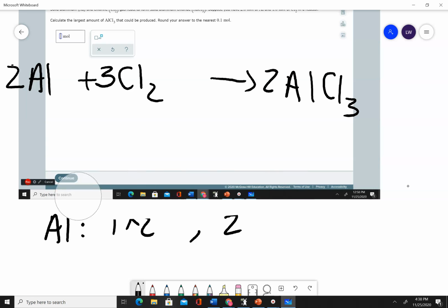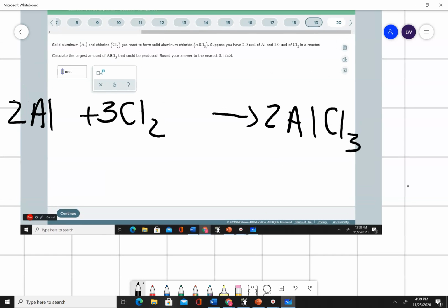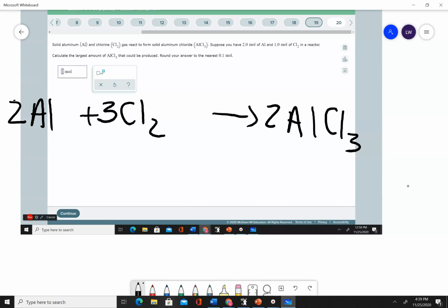Once I'm armed with a balanced equation, then I can go on and do the math. So then it says, suppose you have 2 moles of aluminum, and you have 1 mole of chlorine. Calculate the largest amount of aluminum chloride that can be produced.